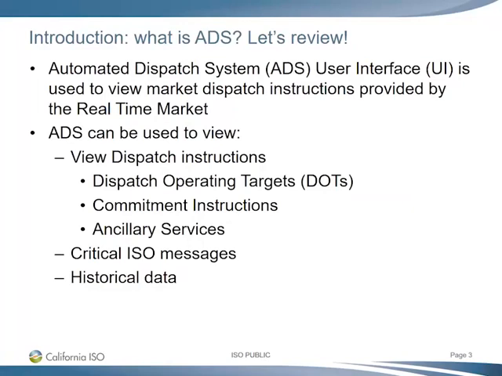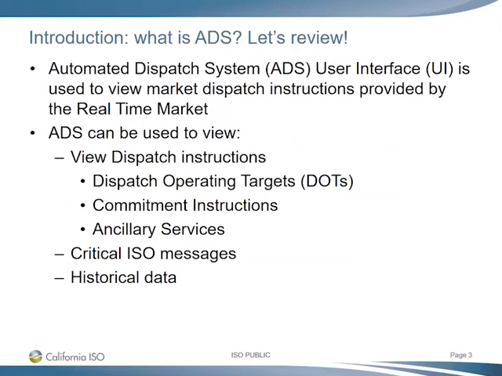So let's just do a quick stop on what is ADS so you know if you're in the right place or not. The automated dispatch system UI is used to view market dispatch instructions provided by the real-time market. You can use this to view the dispatch instructions, including dispatch operating targets. I know for some settlements folks, they also use this for the dispatch operating points.